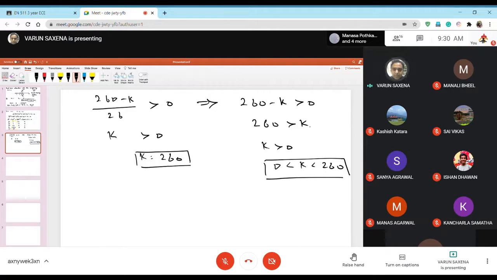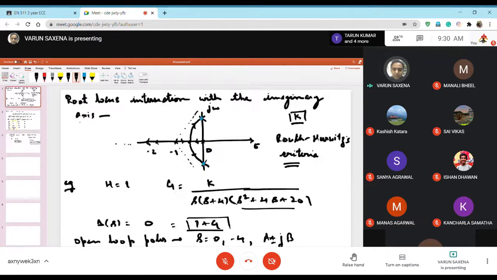So now let's figure out. That's one thing. We have figured out what is the value of K at these points. But we should also be able to figure out what are these points. That is also important. So we'll do that. But I hope this is clear.